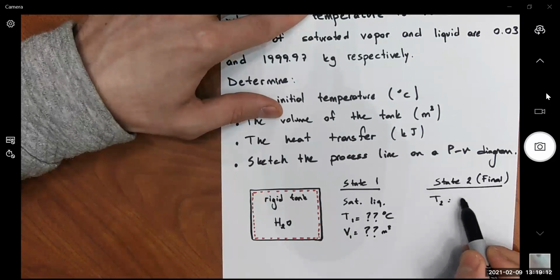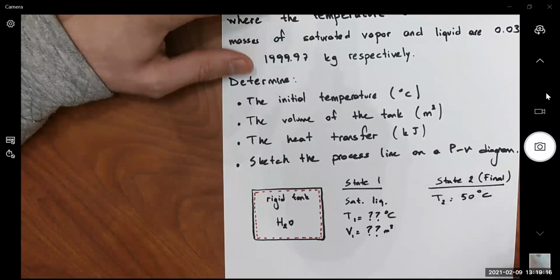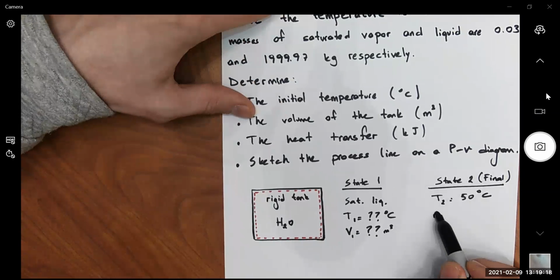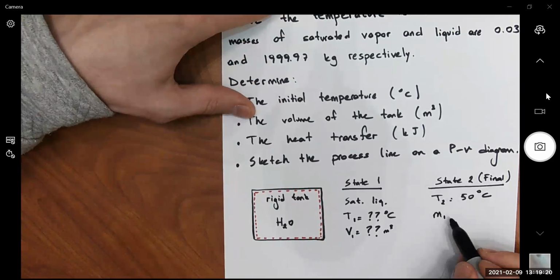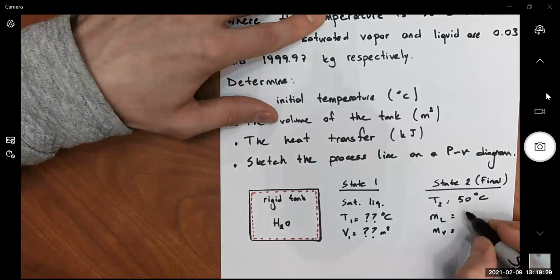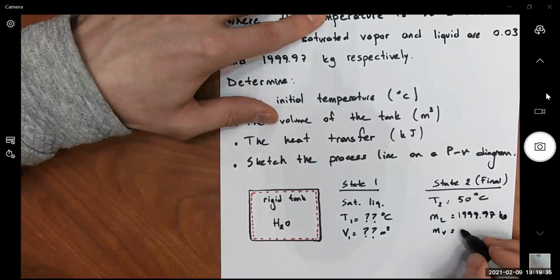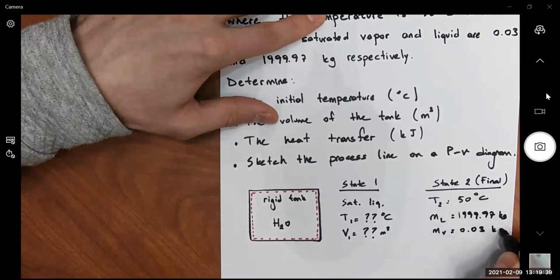Temperature given is 50 Celsius. Liquid and vapor masses are given. Liquid mass 1,999.97 kilograms. Vapor is 0.03 kilograms.